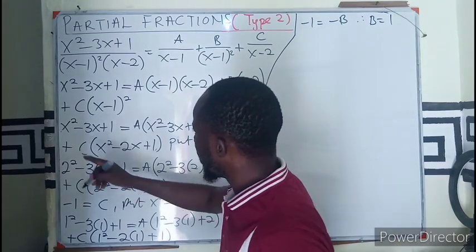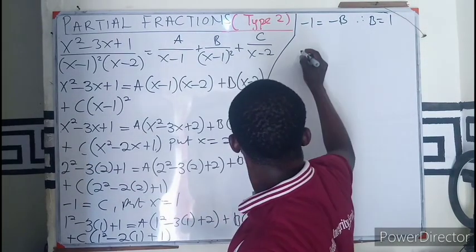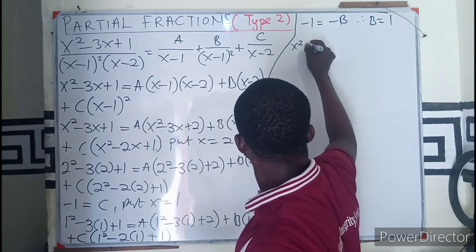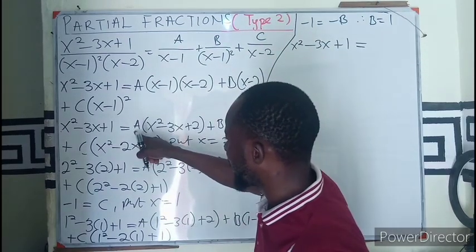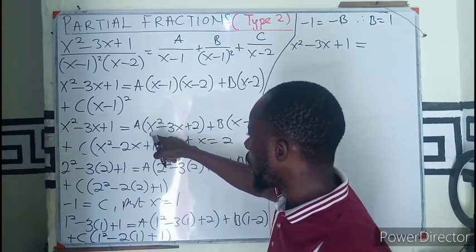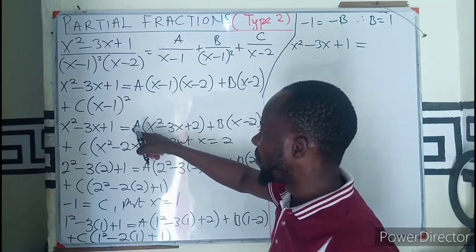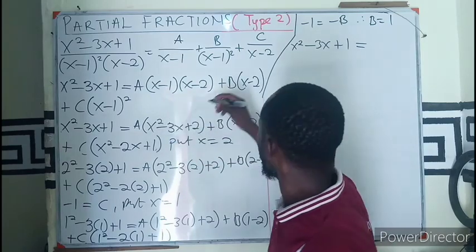So the left, which is x squared minus 3x plus 1, equals to the right. If you open this, you have ax squared.